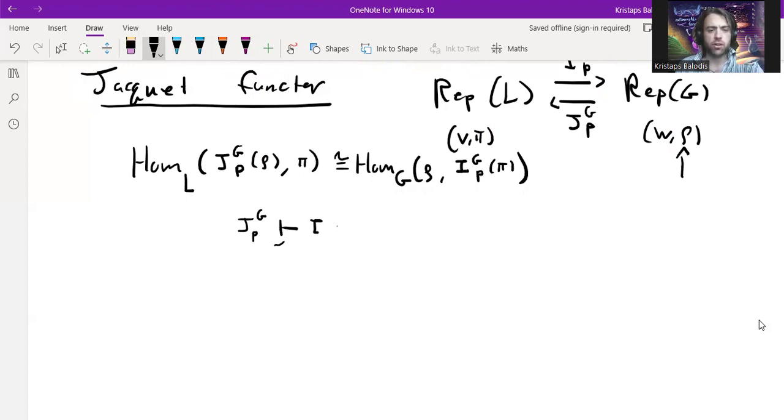I also always draw this thing the wrong way. The statement I've written above here has the Jacquet functor on the left and the induction on the right. There's also a version where the Jacquet functor goes into the right slot.